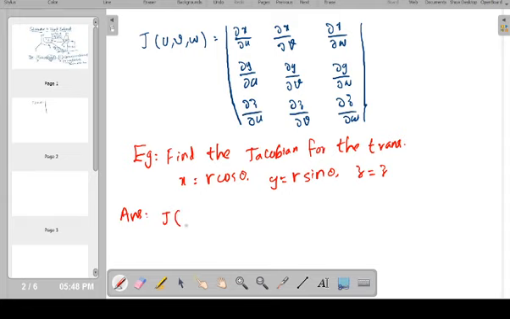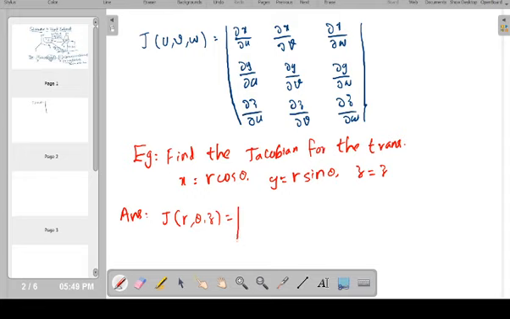Here the new variables are r, theta and z. Recall this transformation is actually the cylindrical coordinates. x, y and z are represented in terms of r, theta and z. So this is precisely cylindrical coordinates.